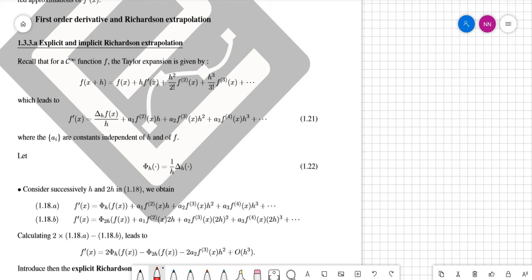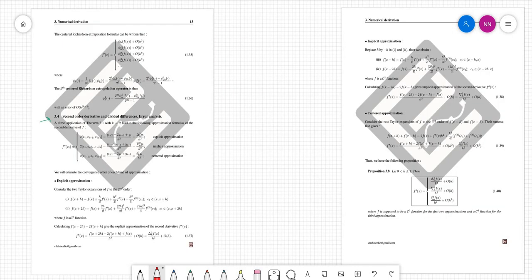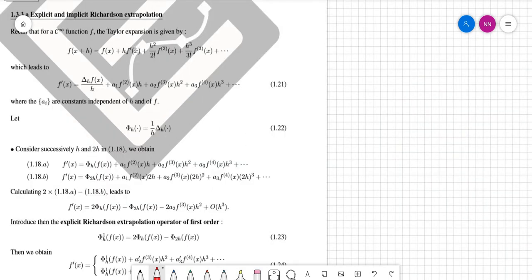So let's say we know that every function which is C infinity, so we don't have to bother ourselves with the regularity of the function. If it's C infinity, we can write a Taylor expansion of this function to as high an order as you want. This Taylor expansion is the formula that we all know.